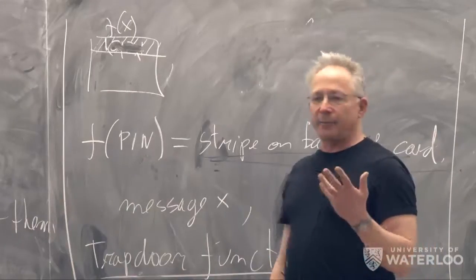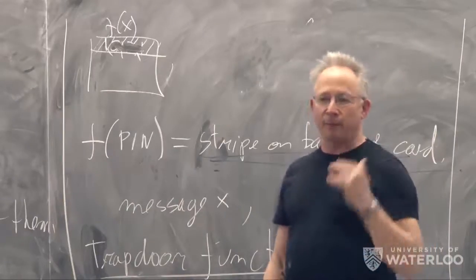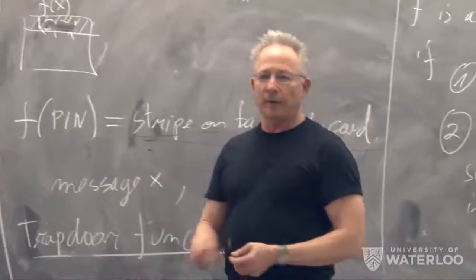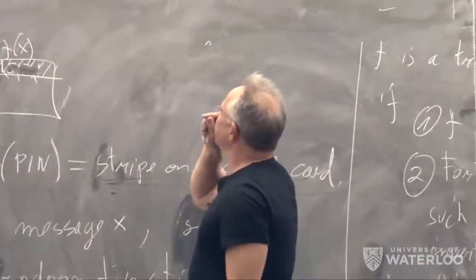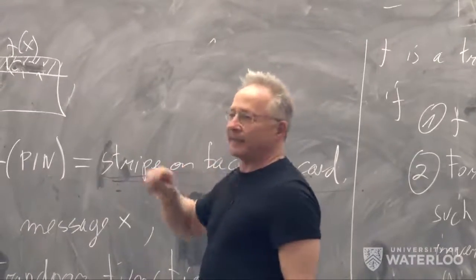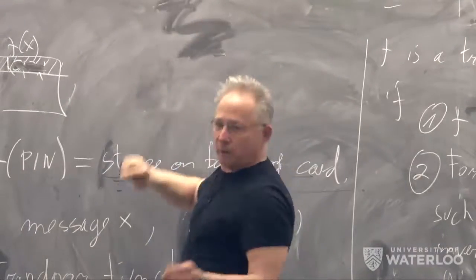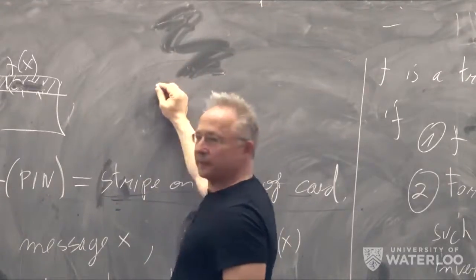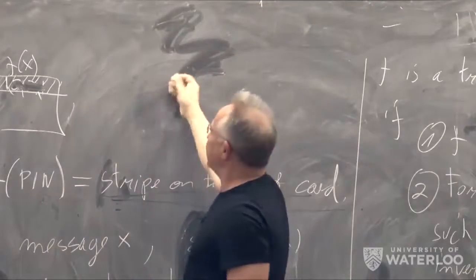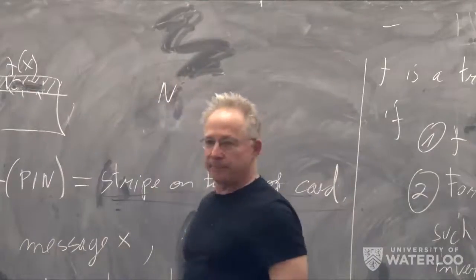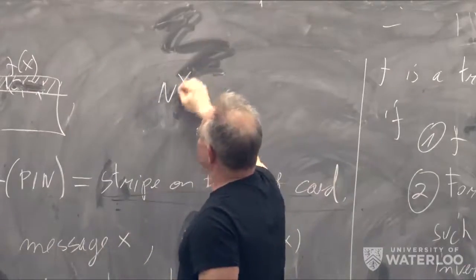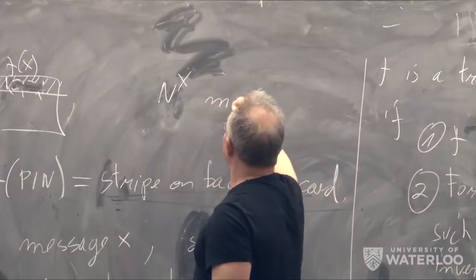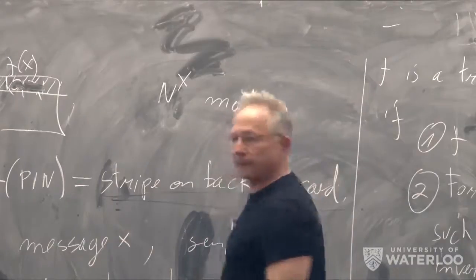A simple example of that is what is called the discrete log. The discrete log function, I will give you a very rough explanation, is that I have some number n, and your secret is x, and I compute n to the x mod some m.